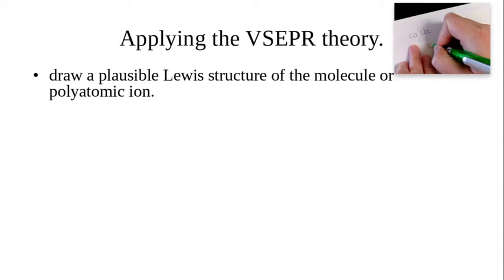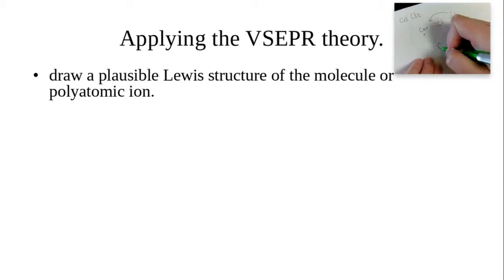I know that calcium has 2 electrons in its valence shell because it's in group 2. And then chlorine, of course, has 7 because it's in group 17. Calcium is going to be in the middle, so really what I would have would be Ca in the center.